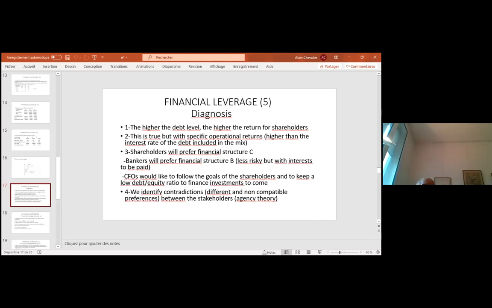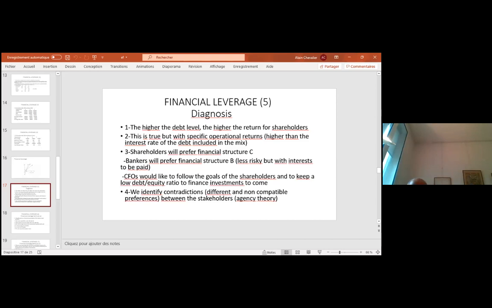And you understand that all the goals here cannot be summarized in one element, which is to maximize the return for shareholders. Return for shareholders is important, but it's not the only goal and the only constraint. So it's another part of finance.